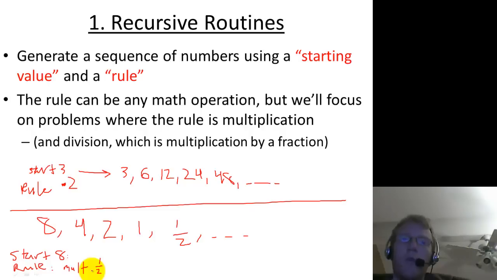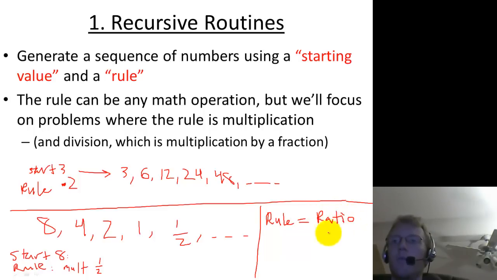As you'll see when we get to an equation, we're going to have a place where the rule goes in. Another way of thinking about it: the rule is the ratio between the terms. How you get from one term to the next term is by following the rule.